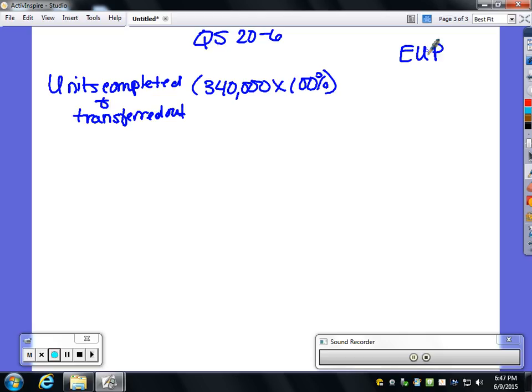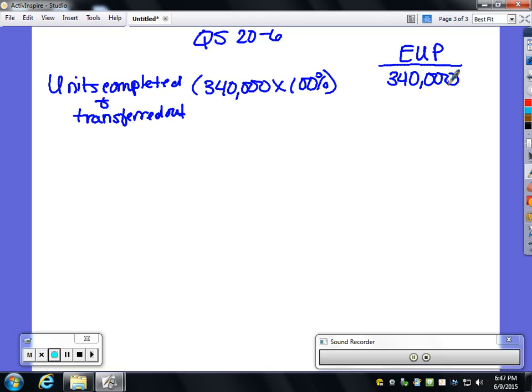Wouldn't it just be 340,000? Because that was the capacity, right? It was completed all the way up to what they required. And then they still had ending goods in process, because that's really all we care about. We don't care about what's in beginning goods in process. We also don't care about the goods that are started, because we're trying to find equivalent units.